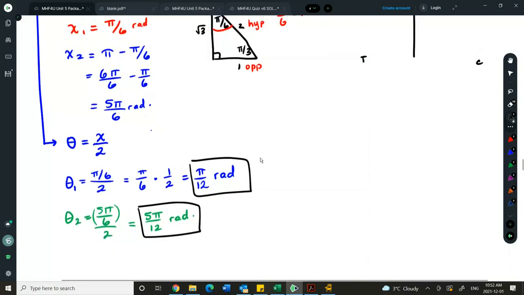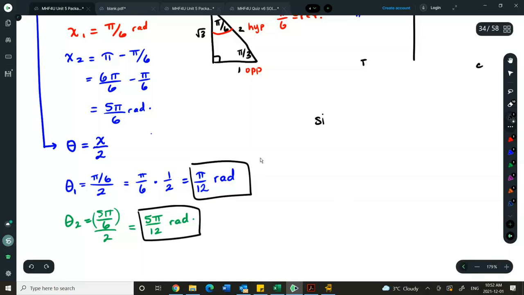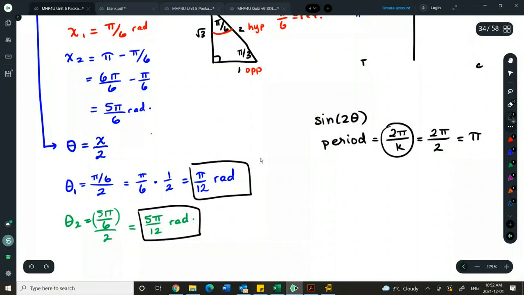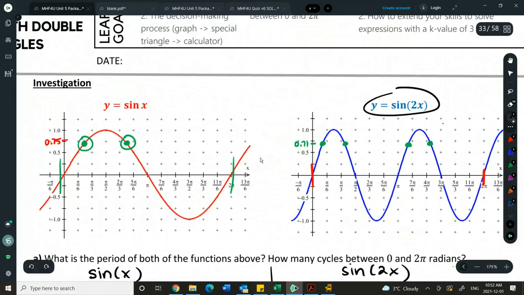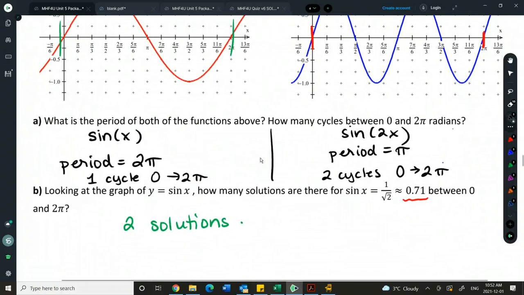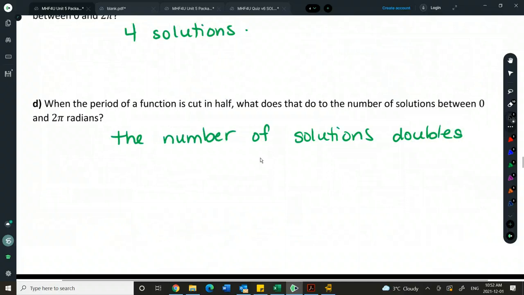If we think about the sine of 2 theta, the period of this function is 2 pi over the k value, which our k value is 2. Well, this is our formula from last unit, and you also told me above, because we were looking at sine of 2x here, and the period was pi.